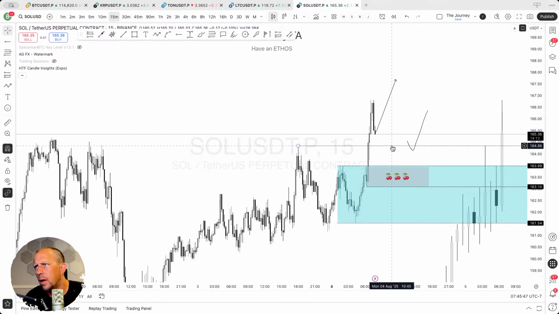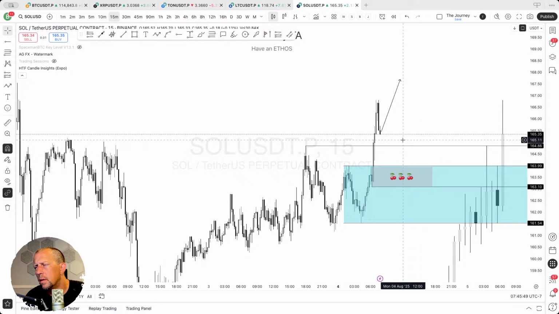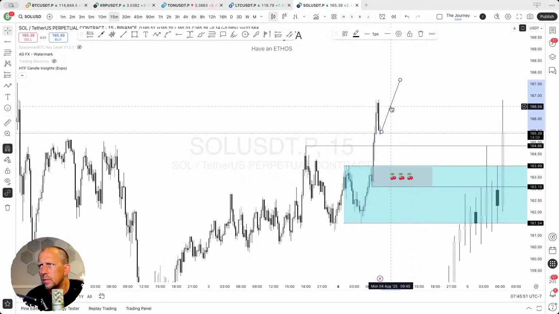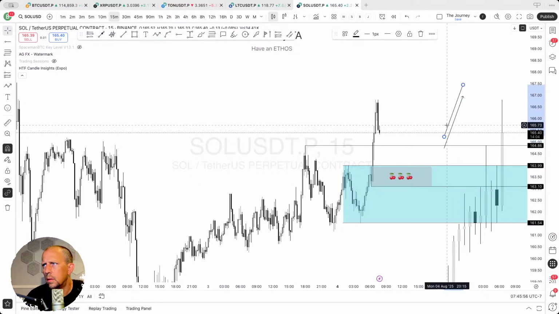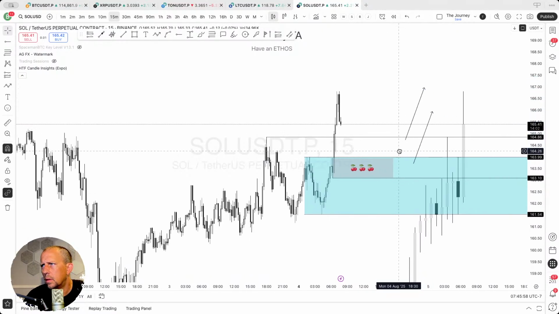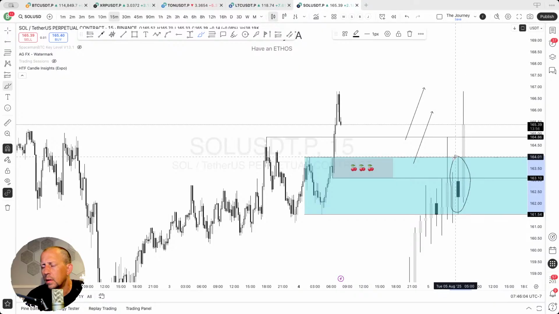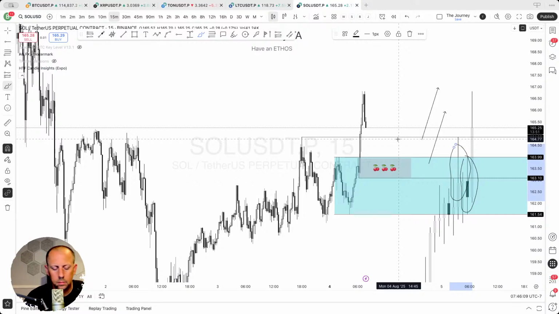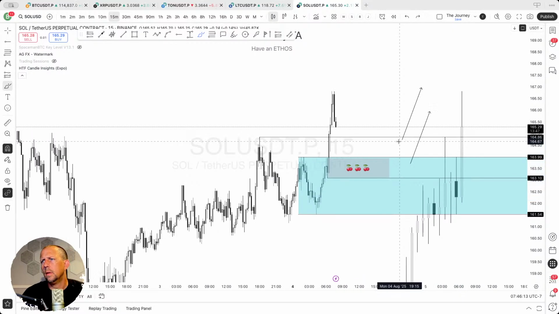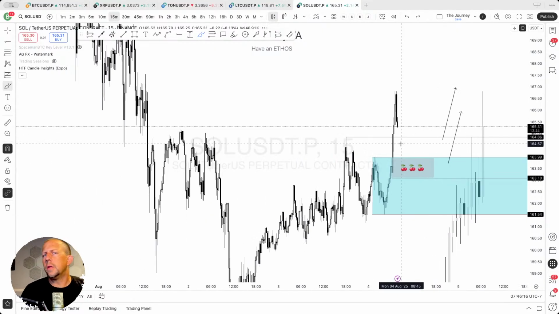Let me get that back on there. Actually, we'll just steal this. Yeah, this whole 4-hour candle right here. I like that candle. There we go. Those are the areas I would be looking at on Sol.